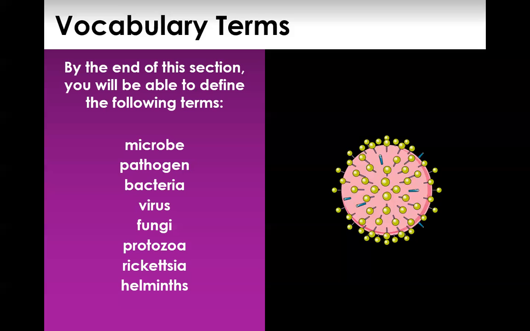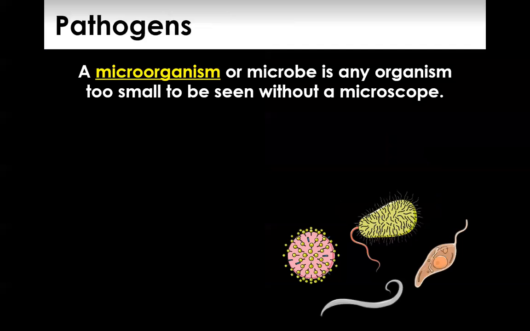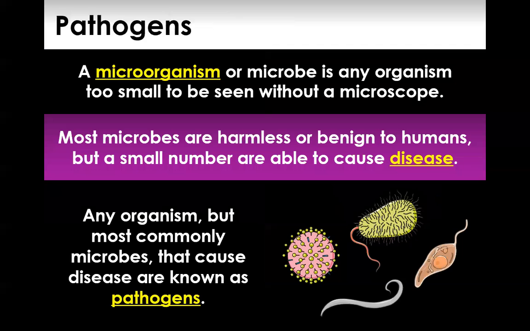Okay, so we're going to get into our discussion of these key terms: microbes, pathogens, bacteria, virus, fungi, protozoa, rickettsia, and helminths. When we think about microbiology, we have to understand that microorganisms are teeny tiny organisms, and they are very small.